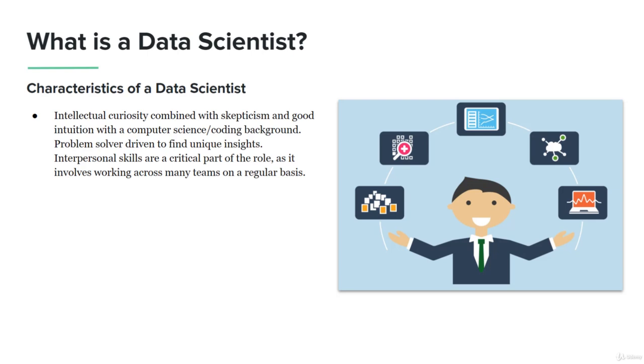Those are the kind of people that do best in data science. If you're taking this course, you have some background in technology, maybe programming, coding, maybe building websites with HTML and CSS, and now you want to get into the data science field. These are the characteristics here.